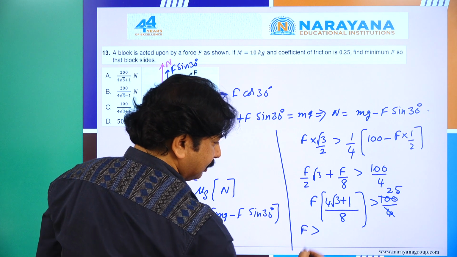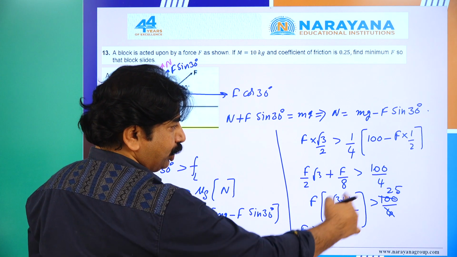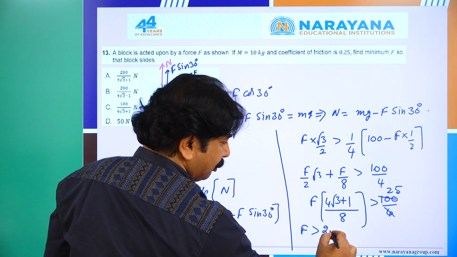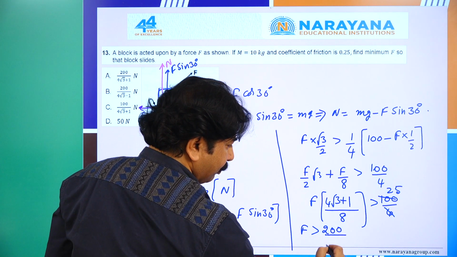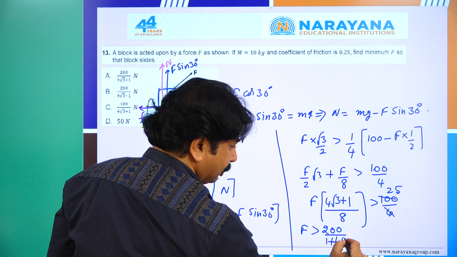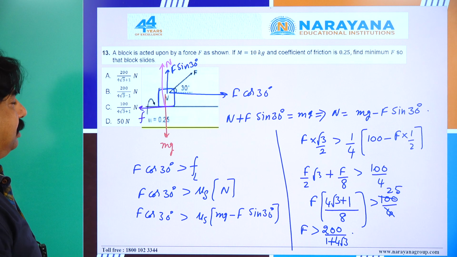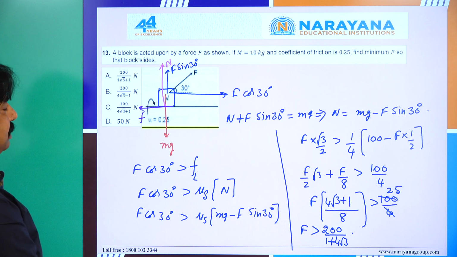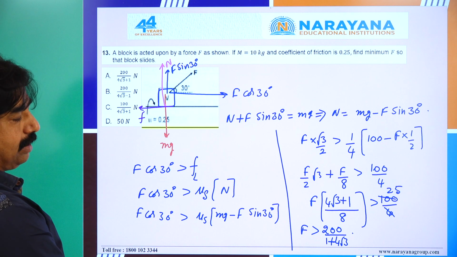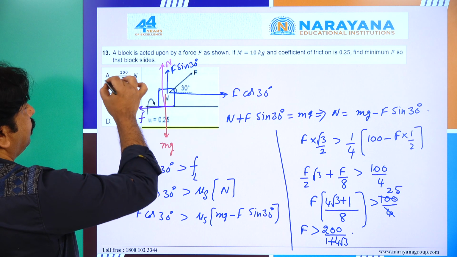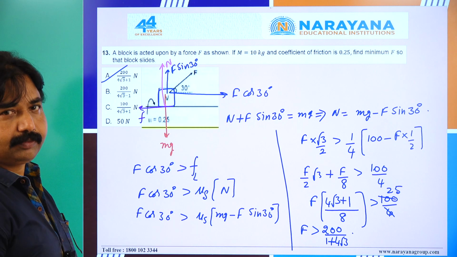F should be greater than, as per the calculation, 25 into 8, 200, 200 by 4 root 3 plus 1. So that should be greater than that value only. Means here, as per this one, we can write the minimum force of F should be 200 by 1 plus 4 root 3 only.